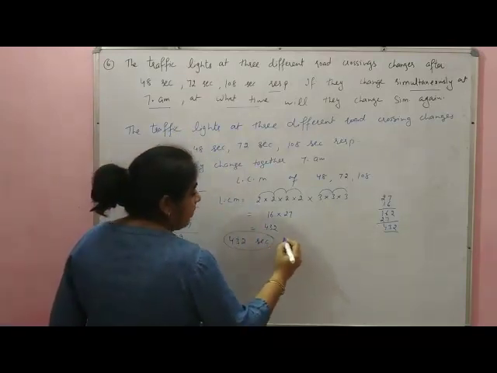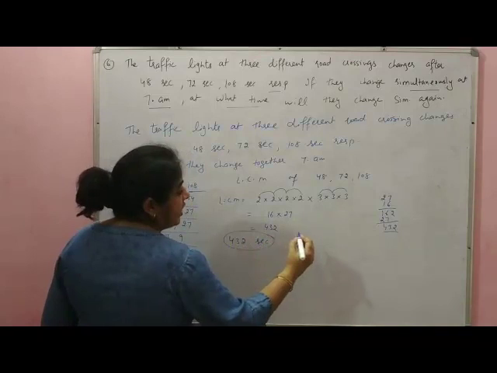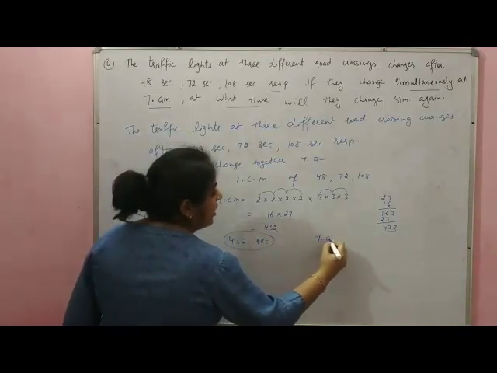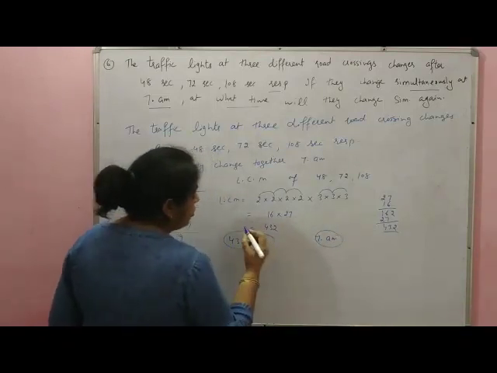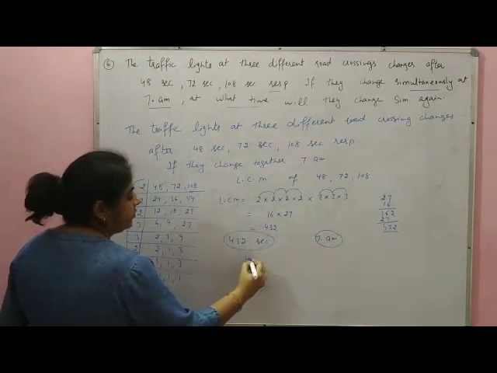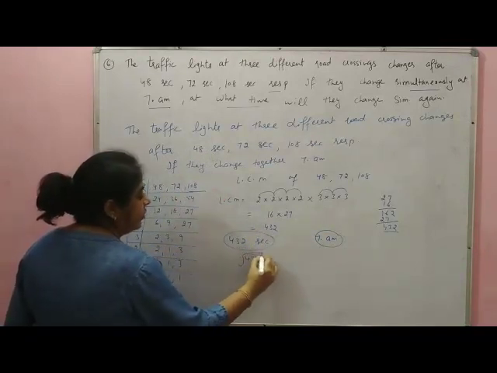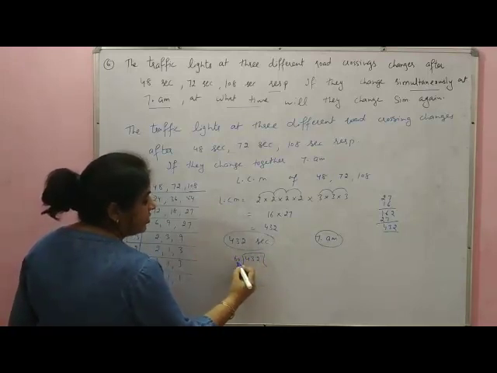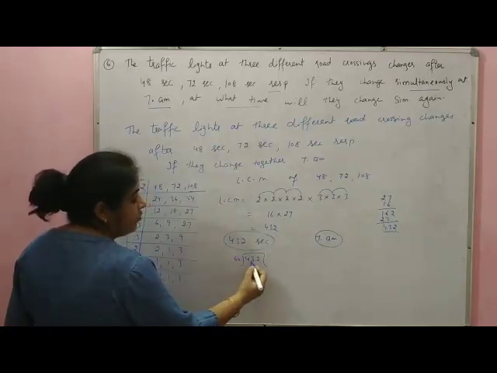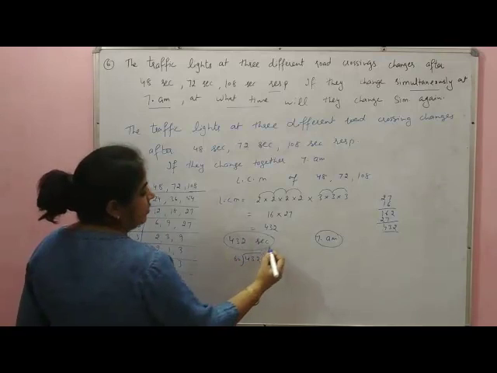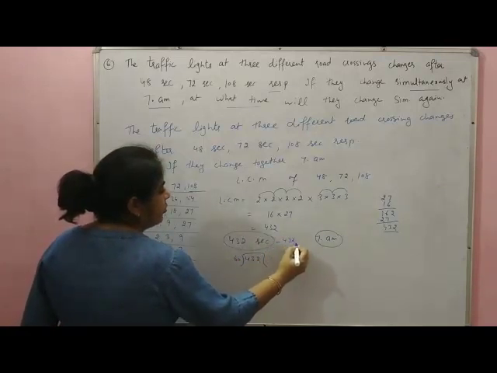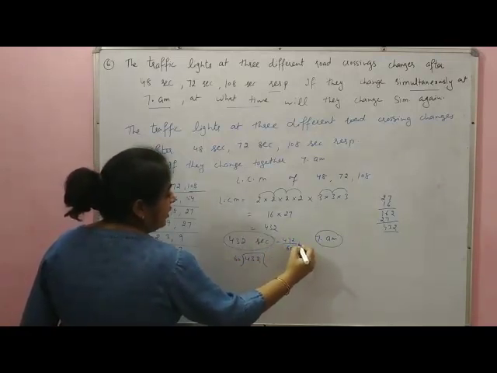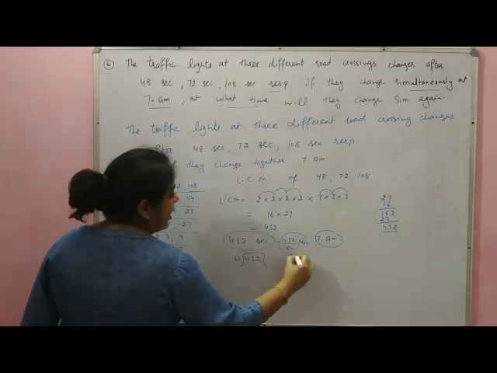Now, the starting time is 7 a.m. These are seconds. If we divide by 60, it will change to minutes. So 432 divided by 60, because when 432 is divided by 60, the time will change into minutes.